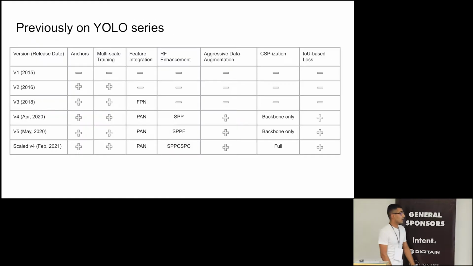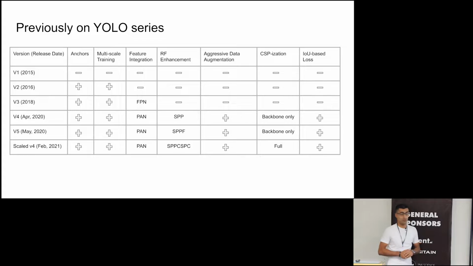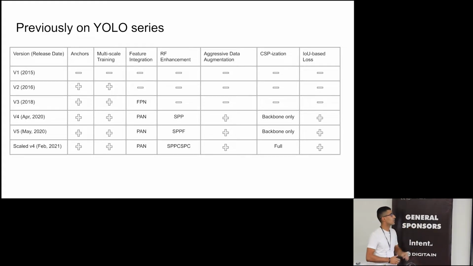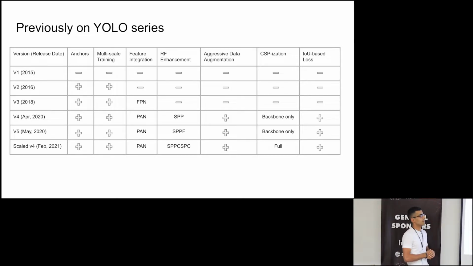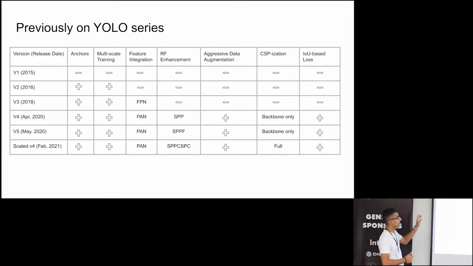Okay, so we basically have an idea how these methods work, and now it's time to see what happened from the beginning of the YOLO series. So they started in 2015, the first version, and we will be looking at them from different perspectives.